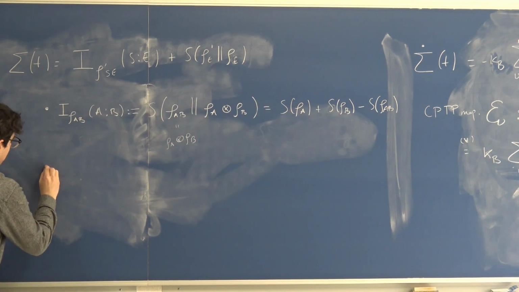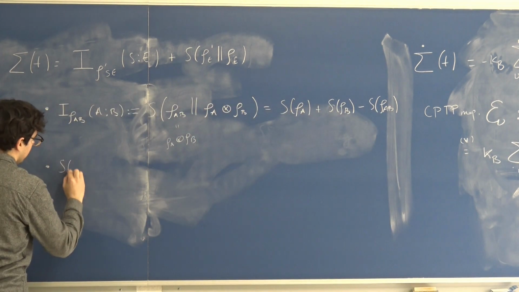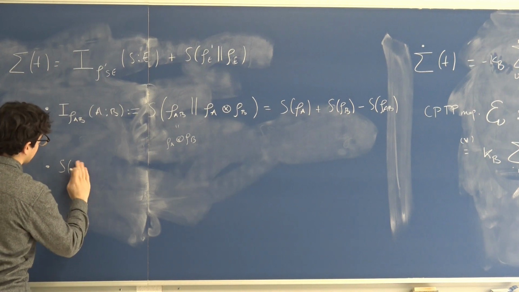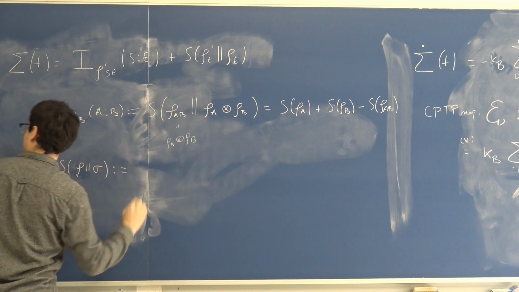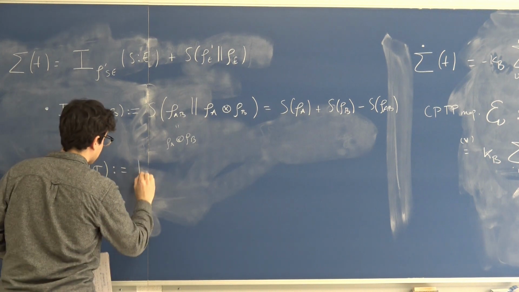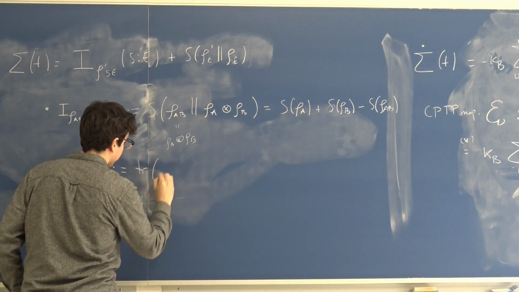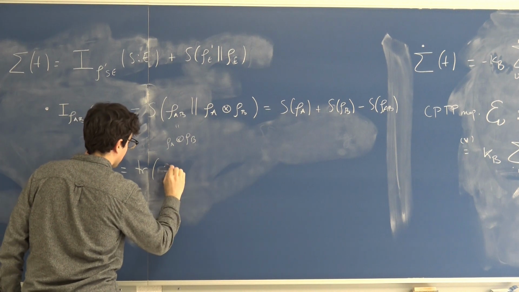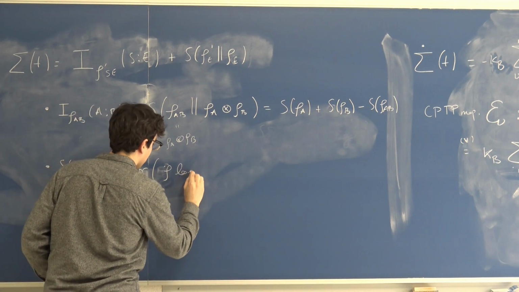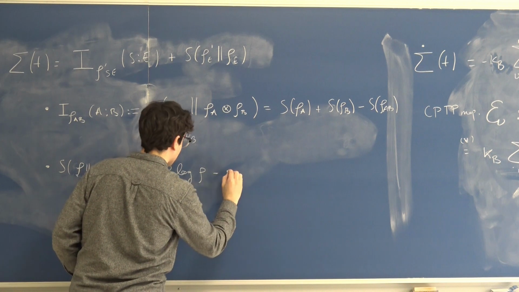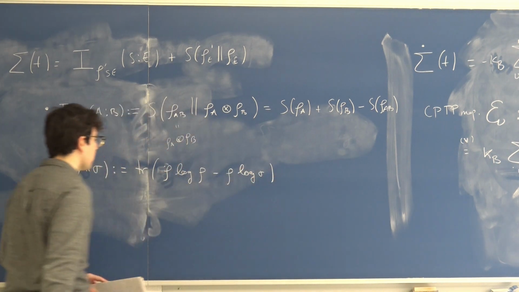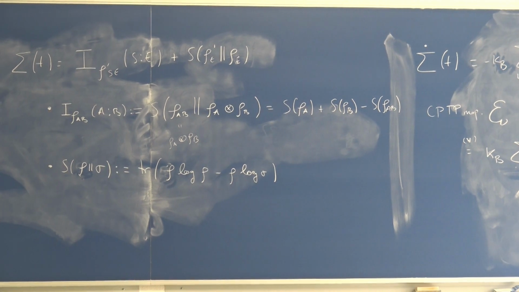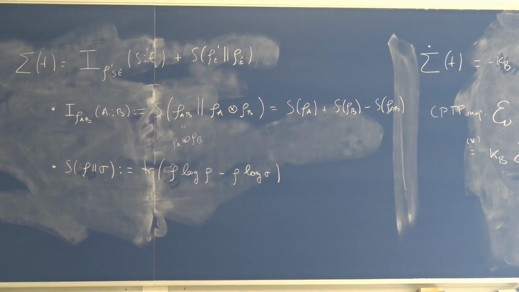Basically, we saw that before, but I'm going to rho and sigma. This is defined as the trace of rho log rho minus rho log sigma. Okay, as I said, it's some sort of a distance.